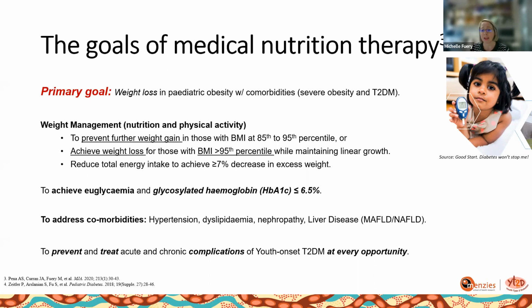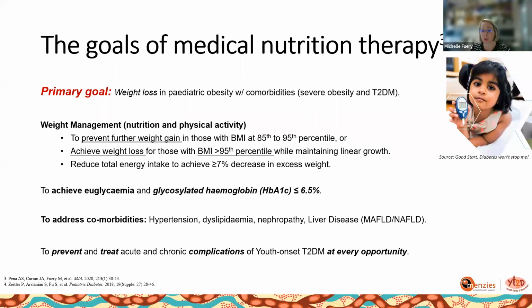And in terms of the rate of weight loss, a recent scoping review by Ullman and colleagues in 2021 described the current guidelines for the dietary management of pediatric obesity and severe obesity, recommending ranges from 0.4 kilos per month to 0.9 kilos per week for children, and from 0.5 to 2 kilos per month to 0.9 kilos per week for adolescents, or between 5 to 10% of body weight.